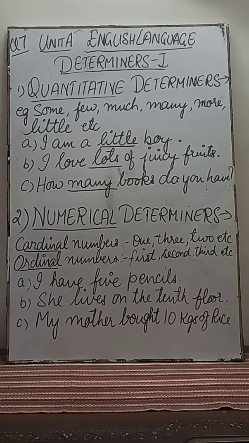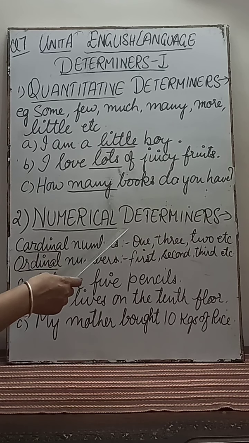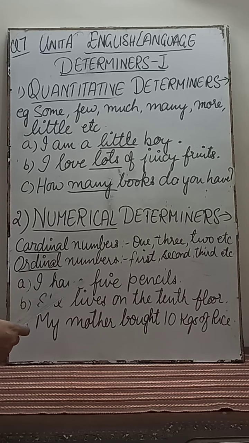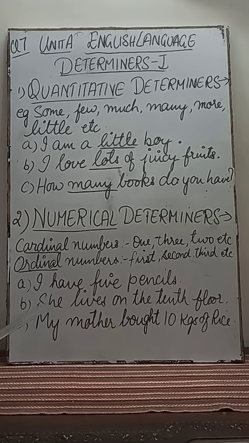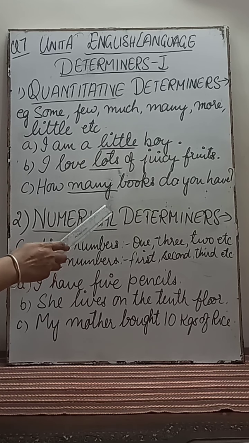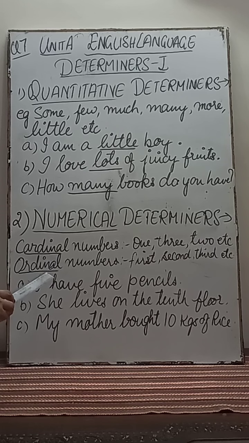Okay. Now the second category is numerical determiners. A numerical determiner, as I told you, indicates numbers. It is expressing quantity with the help of numbers in the sentence. Numerical determiners are again categorized under two, cardinal numbers and ordinal numbers.